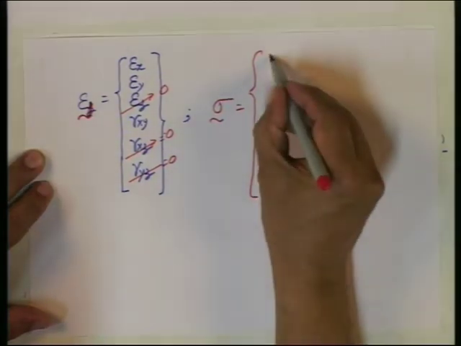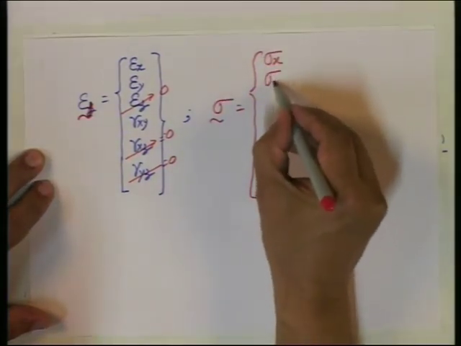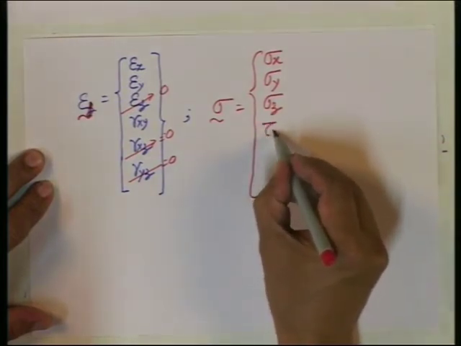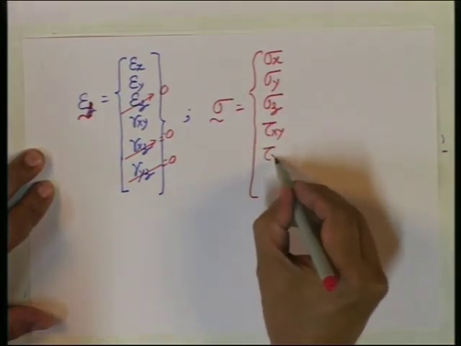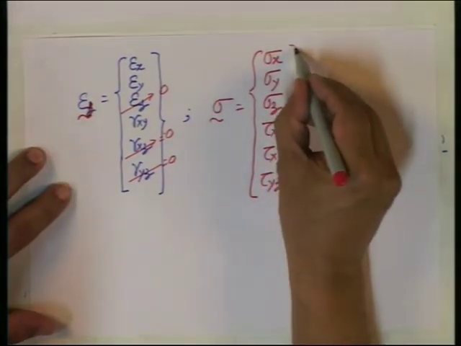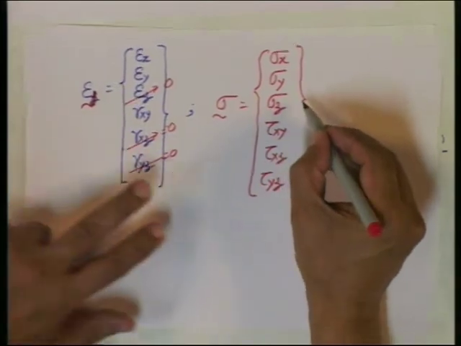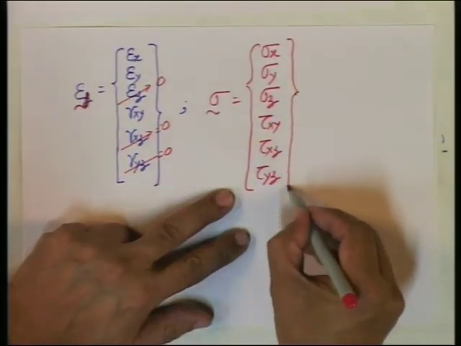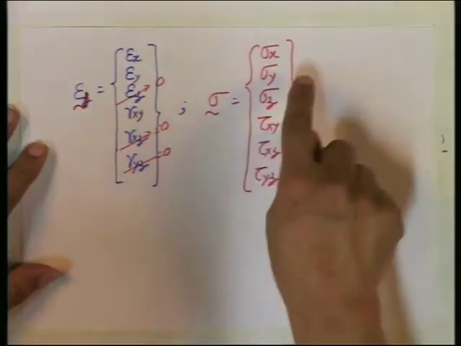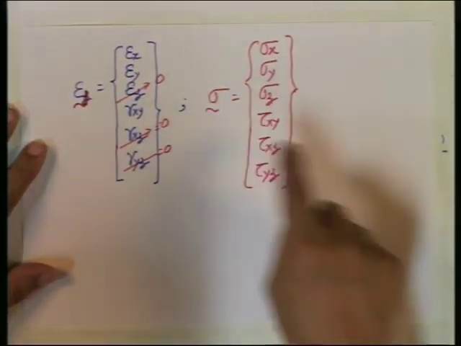What about the stresses? Sigma x, sigma y, sigma z, tau x y, tau x z, and tau y z. Again, this is 0, but that does not mean you just blindly strike out the corresponding stresses.